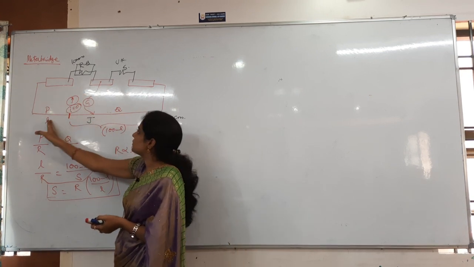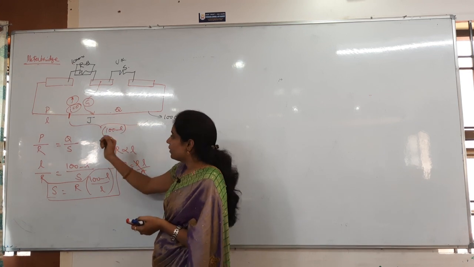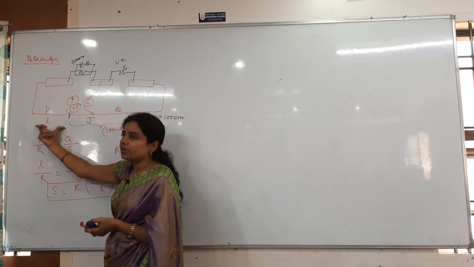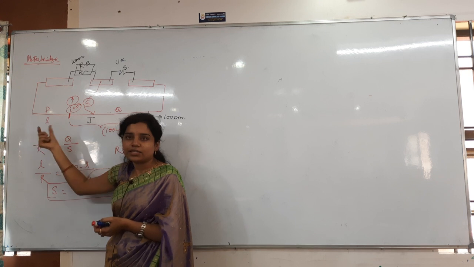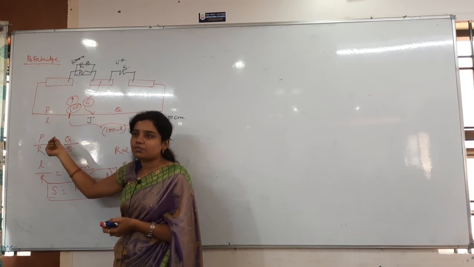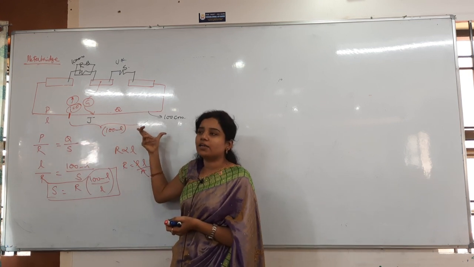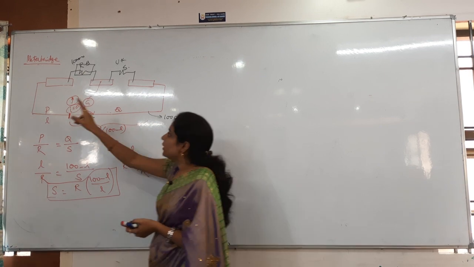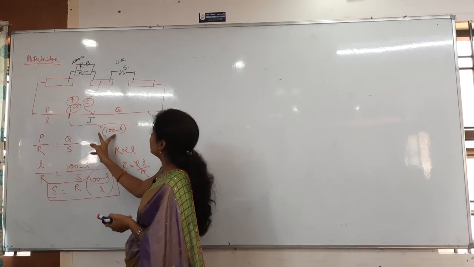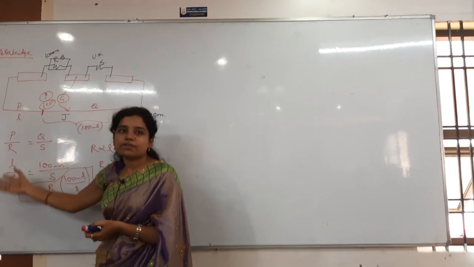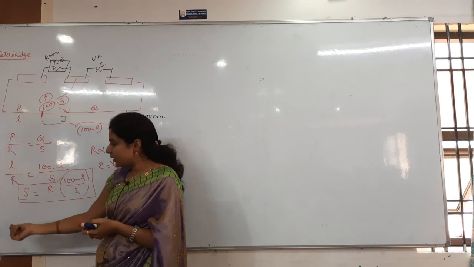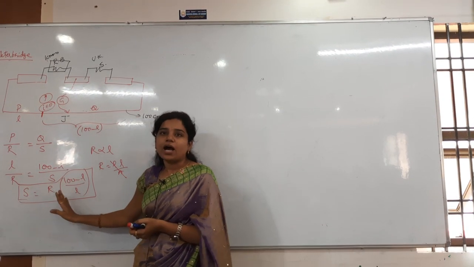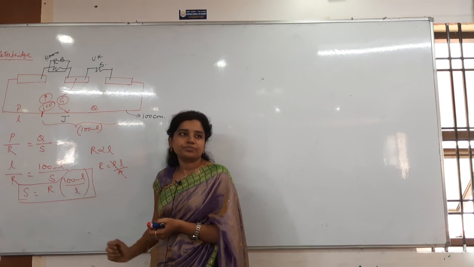So P by Q equals R by S. Here this length of the wire is L. If the bridge is balanced at length L, the remaining length is 100 minus L. So L by R equals (100 minus L) by S. That S value I have to find, so S equals R into (100 minus L) by L.